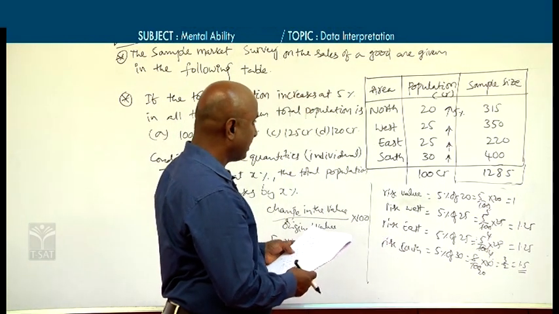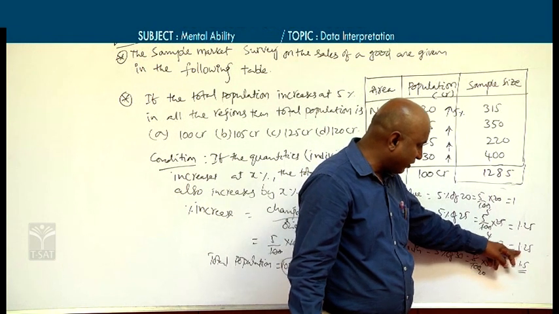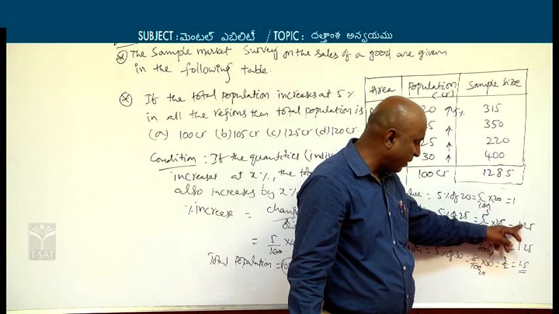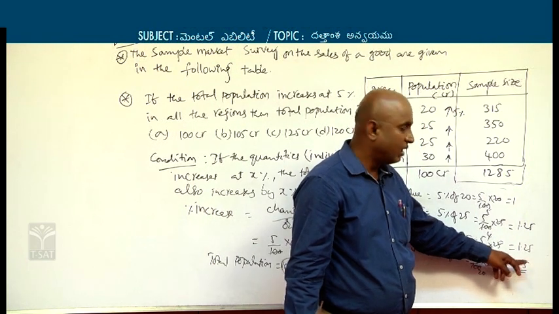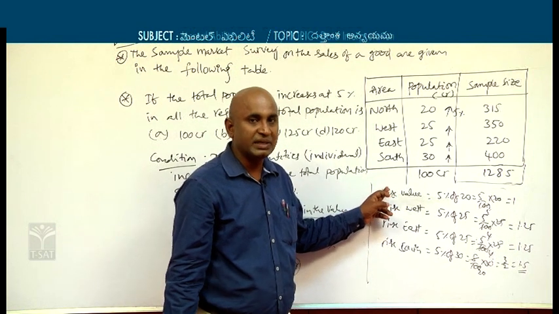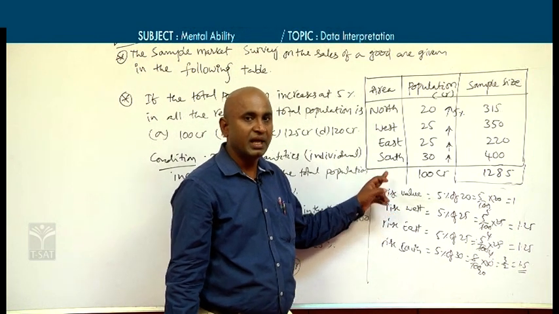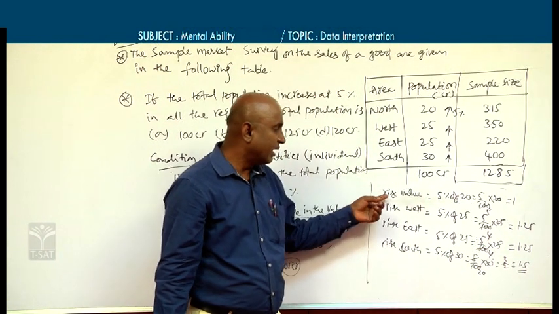Now see the total: 1.25 plus 1.25 is 2.5, plus 1.5 is 4, and 4 plus 1 is 5 crores. The total population rise across all the regions is 5 crores only. We will see it again.